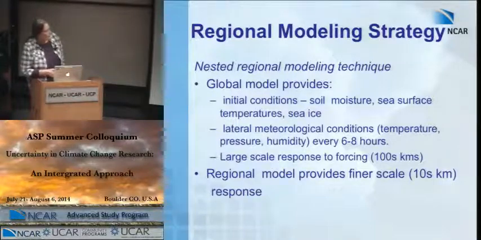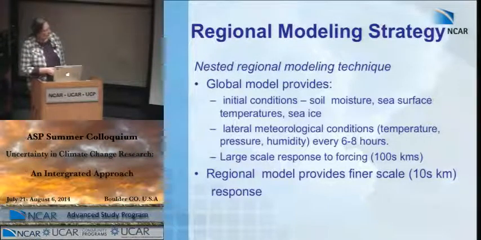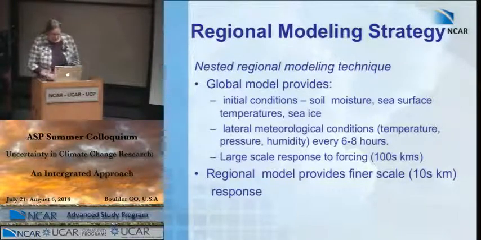And then the lateral meteorological conditions, temperature, pressure, humidity, every, let's say, 6 to 8 hours, although the frequency of providing boundary conditions varies. The global model is supposed to provide that large-scale response to the forcing, on the order of hundreds of kilometers. And then the regional model, driven by the global model, is presumably providing the finer-scale, tens of kilometers response.